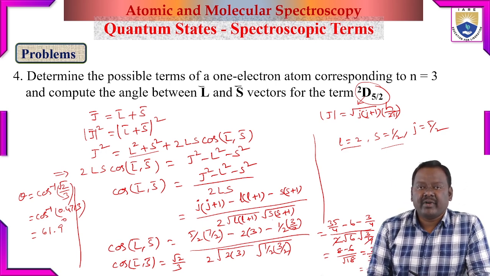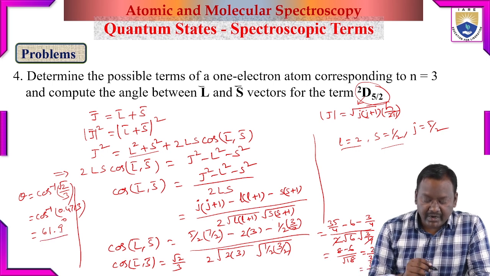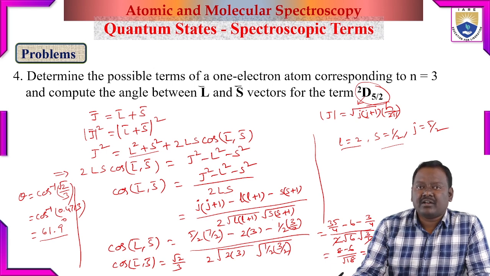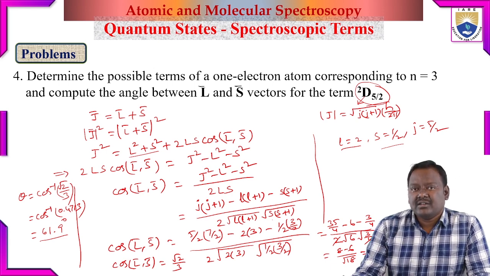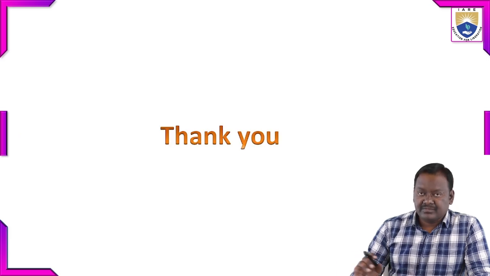So the angle between L and S for the spectral term, that means when the electron is in the energy level 2D 5/2, is 61.9 degrees. So you can calculate the angle between the orbital angular momentum vector and the spin angular momentum vector whenever the spectral term is known. So these are the references. Thank you all.